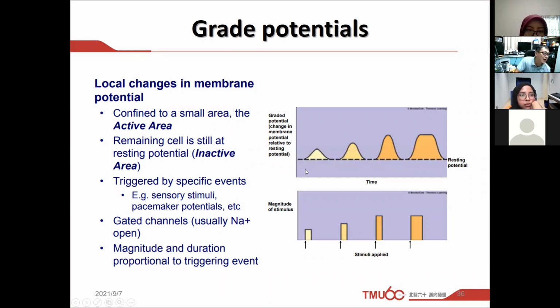This response area we call the active area, and the other region is inactive, so it cannot spread onto other sites. And this we call graded potential. They are triggered by specific events, for example, sensory stimulus. That's a very important part. A pacemaker would regulate our heartbeat. Okay.